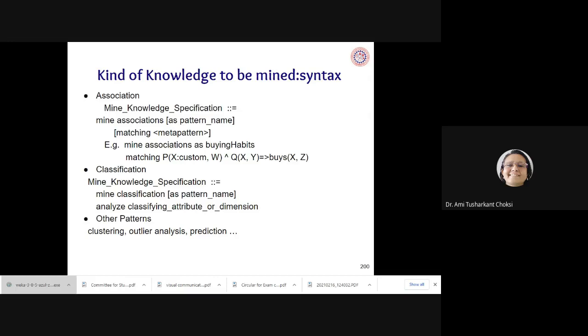Other patterns are for clustering, outlier analysis, prediction, and many more, right? A few syntaxes we have seen for DMQL, that is data mining query language. For our tools, whatever we are going to use in this particular subject, we are not going to write these queries, fine? But for knowledge, it is required.